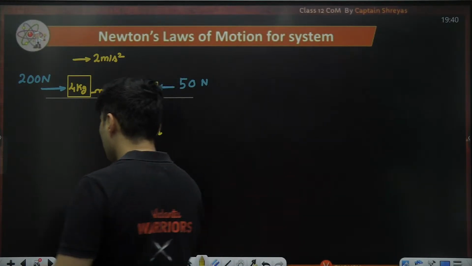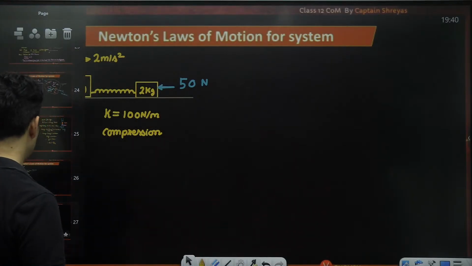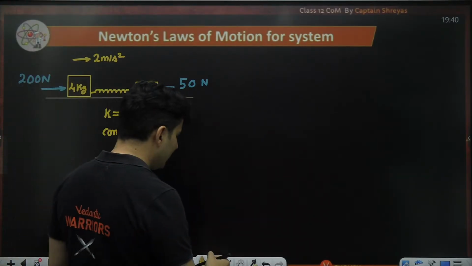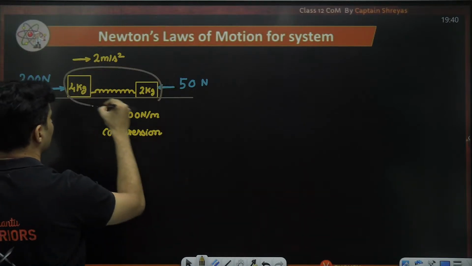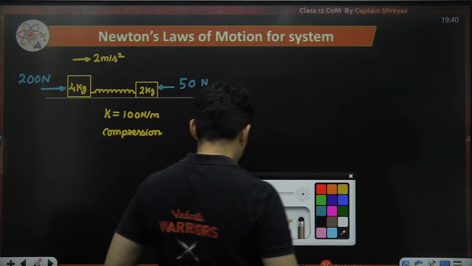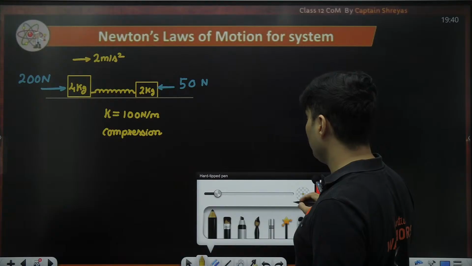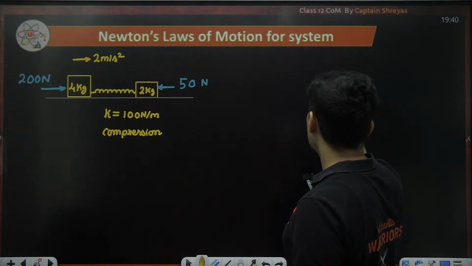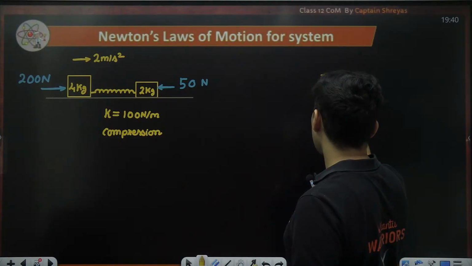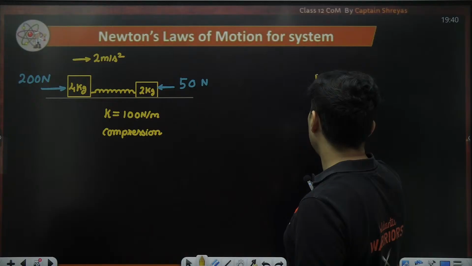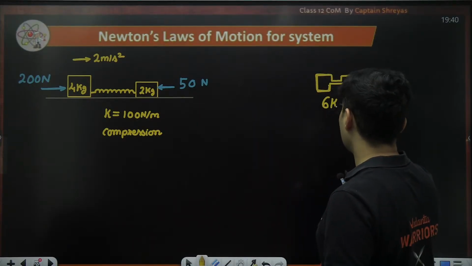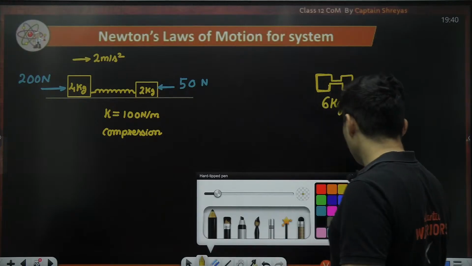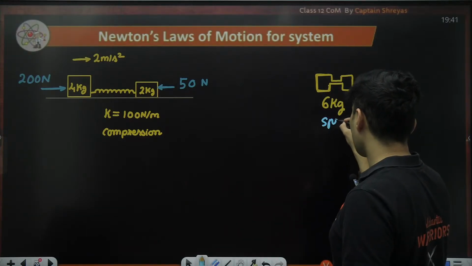Now, this much situation is given to me. If I consider this entire thing as one singular system, then that one singular system will have a total mass of how much? 4 plus 2, which is basically 6 kilos. Spring force will become internal.